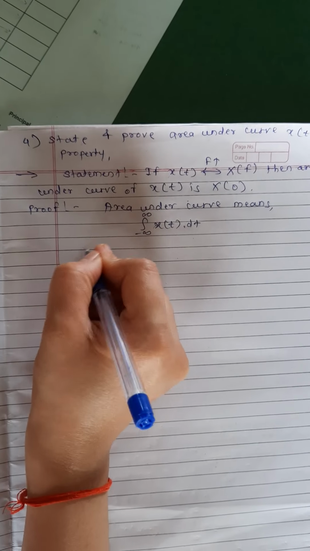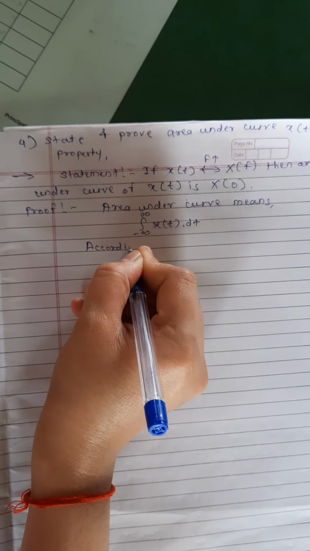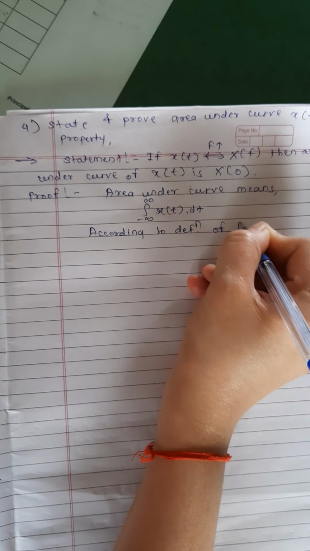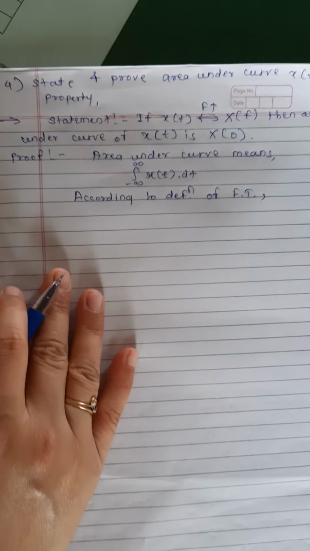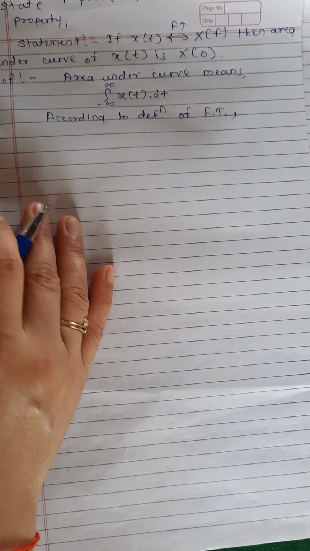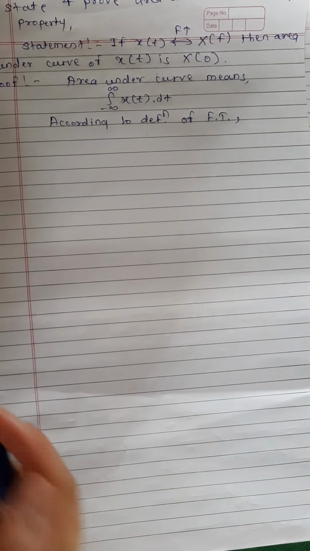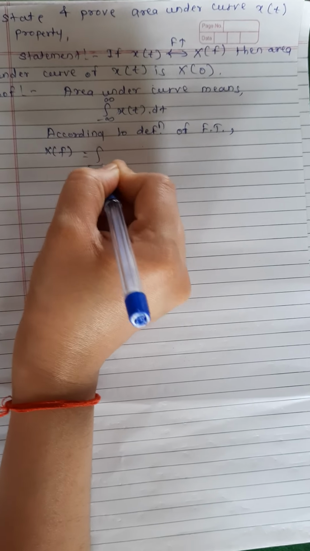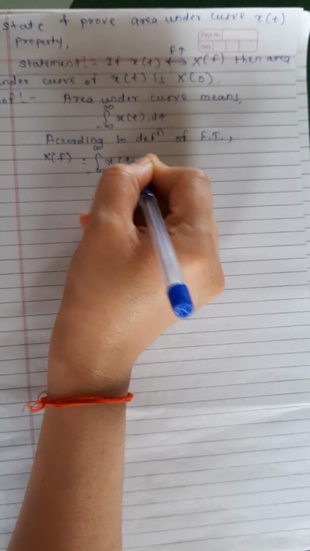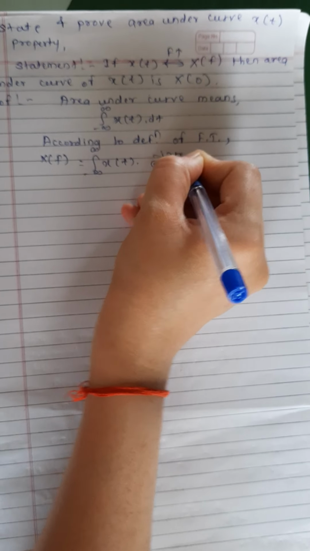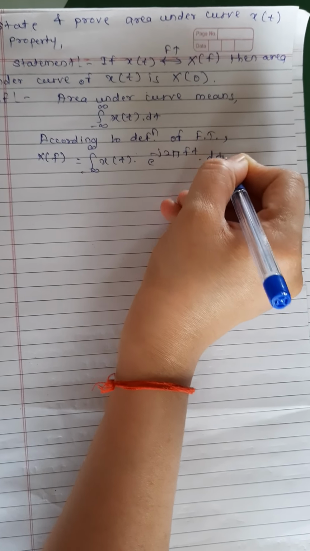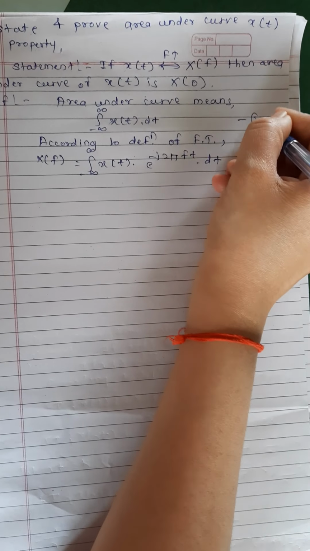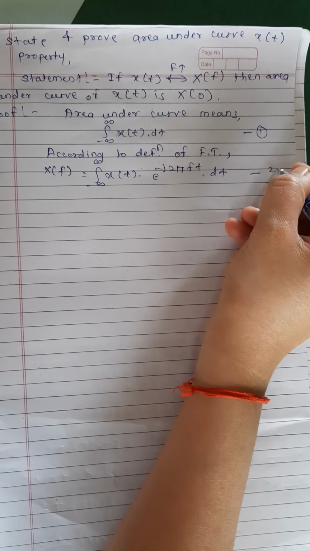Now according to the definition of Fourier transform, x of f is equal to the integral from minus infinity to infinity of x of t e raised to minus j2 pi f t dt. Consider this as equation 1. This is equation 2.